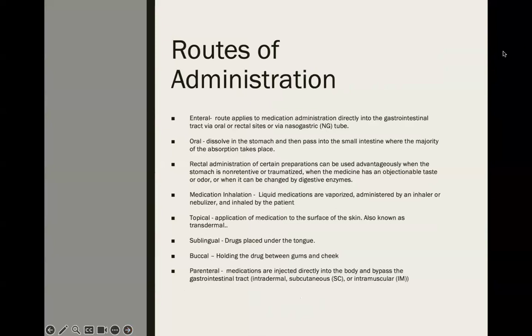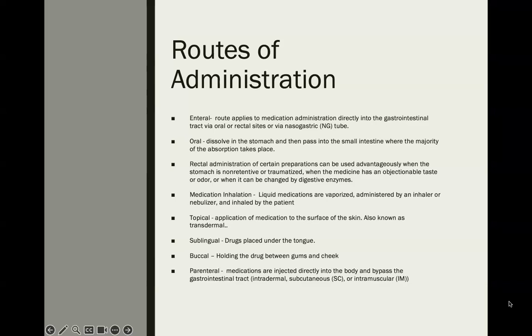So when we give medications, there are several ways we can give the patient medication. We talked about making sure that we know how a drug can be administered, but we also need to be familiar with the different types of ways a drug can be given.